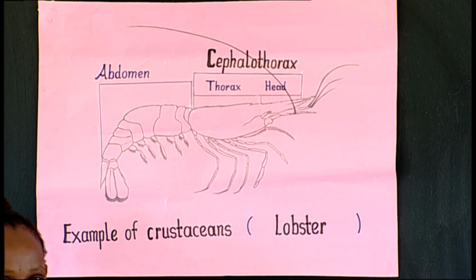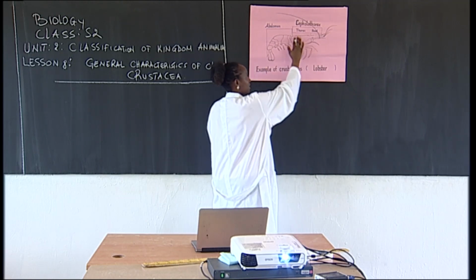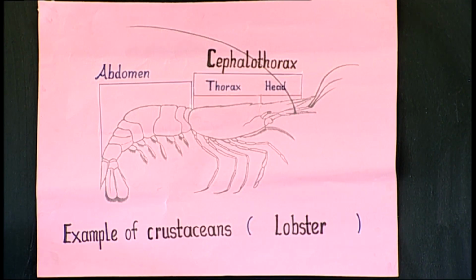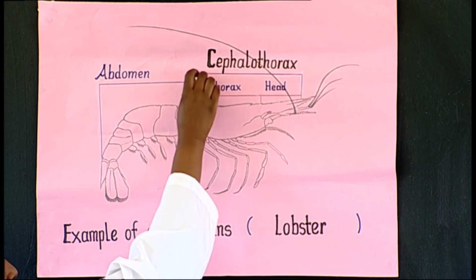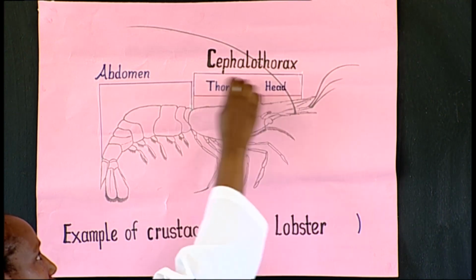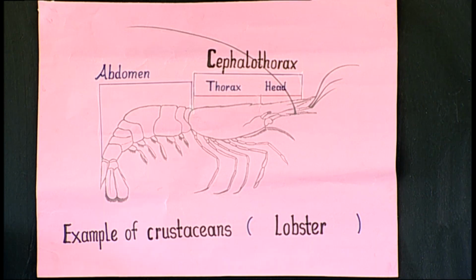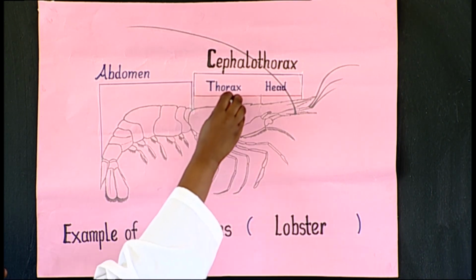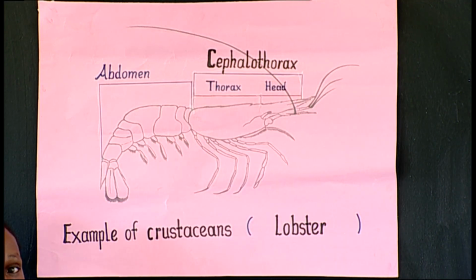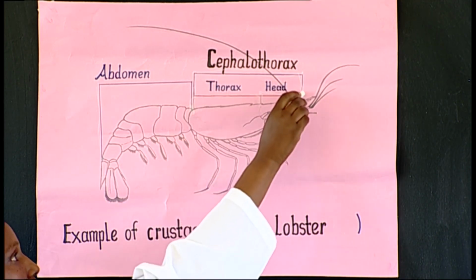They are fused together, meaning that it is not easy to tell that is the head, that is the thorax. That term we call cephalothorax, the general word that represents the thorax fused with the head. So that's why I drew two lines, one indicating the thorax, another indicating the head.